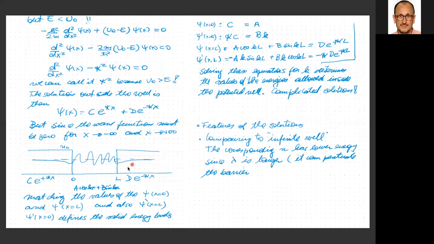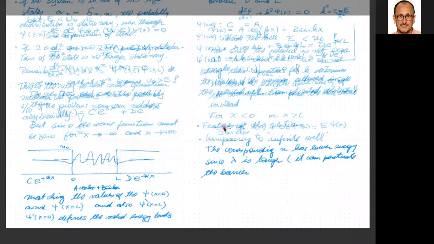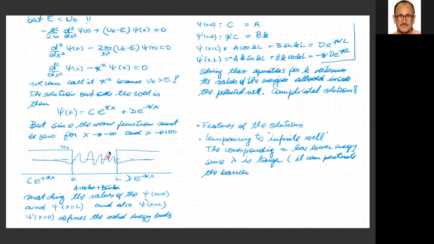So the wave function will decay in that direction, and it will decay in the other direction. And in the middle there will be this oscillatory behavior, because we have the equation whose solution is a cosine plus b sine. It's oscillatory there because there's kinetic energy, and outside it only decays.